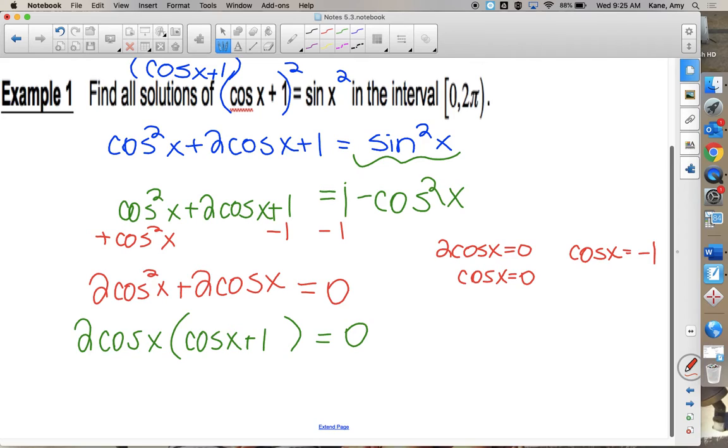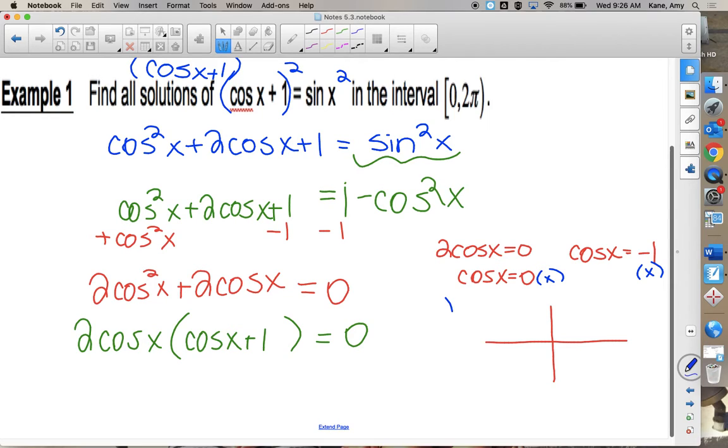So zero product property. The first one is equal to 0, the parentheses is equal to 0, and then you find the angles. We're not done solving because really our goal is to find x, and in our case, x would be the angles. Carrie, if we're talking about cosine, when is the cosine 0?